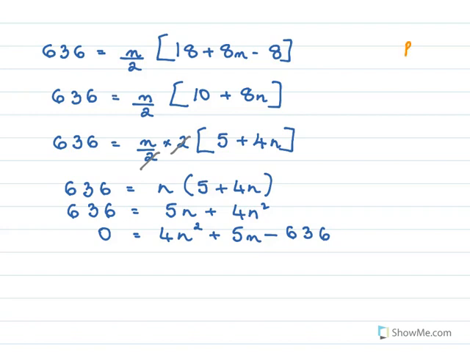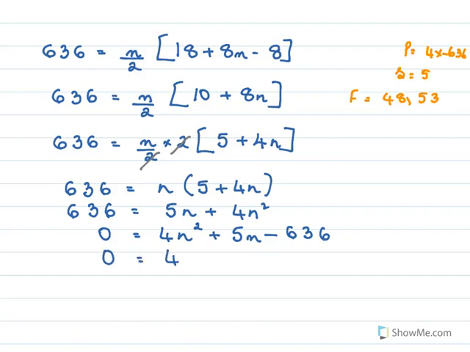Now I do a middle term split. So the product you see should be 4 into minus 636, and your sum should be plus 5n. You will find your factors to be 48 and 53. If you subtract 48 and 53, you get 5, and when you multiply, you get 4 into minus 636.